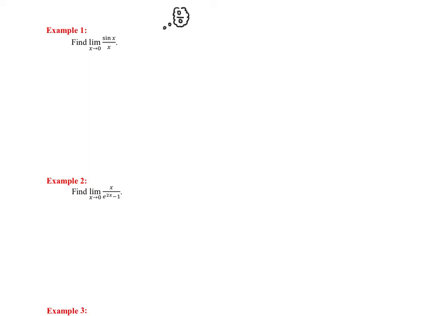So what we would say is, since the limit as x approaches 0 of sine x equals 0, and the limit as x approaches 0 of x equals 0. So here I've got the limit as x approaches 0 of the numerator, the limit as x approaches 0 of the denominator, both equal to 0.